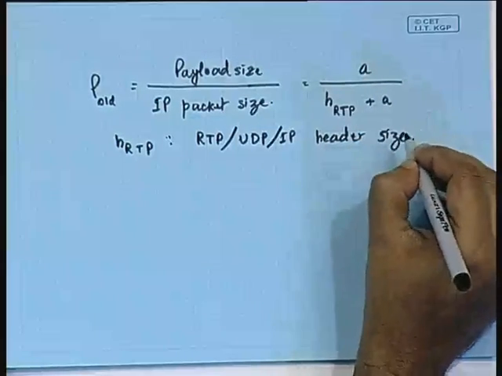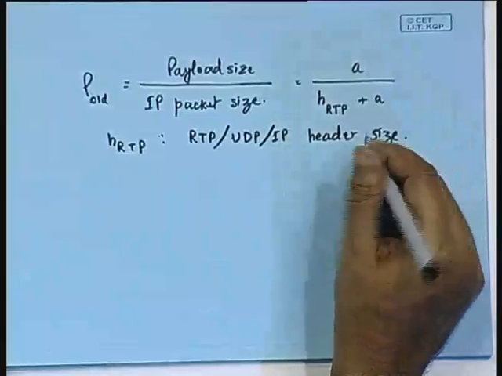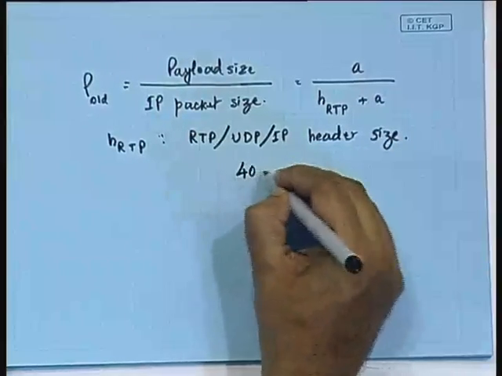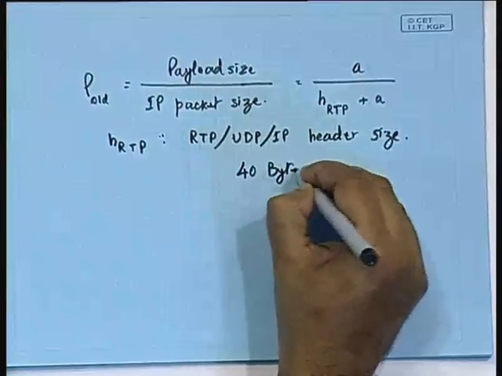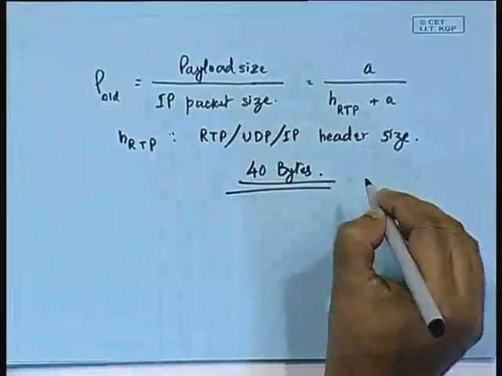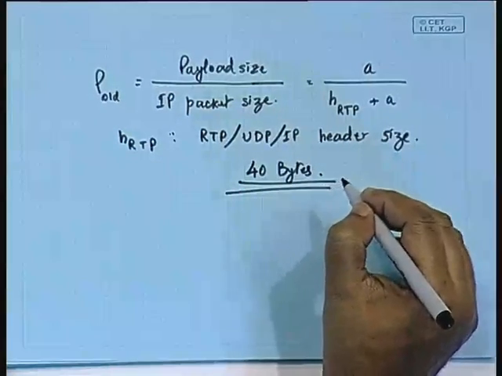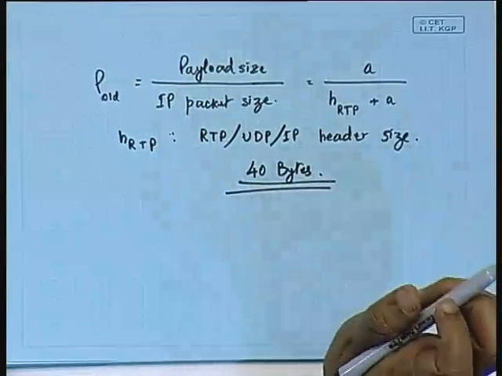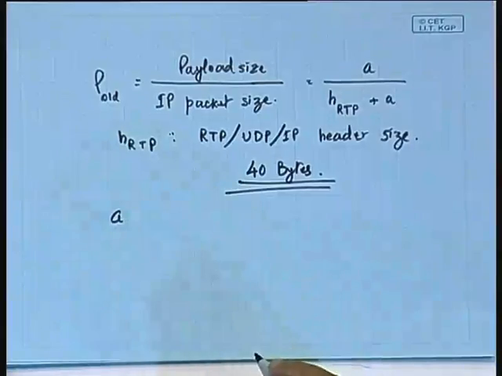But mind you, this is very significant. It is 40 bytes of information, no joke, in this RTP UDP IP header. Let us see what A could be. If A is very large, then no problem.